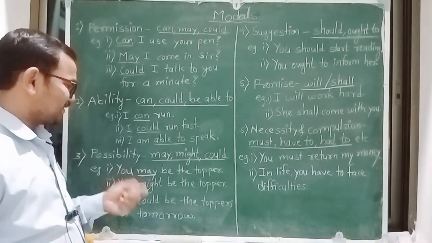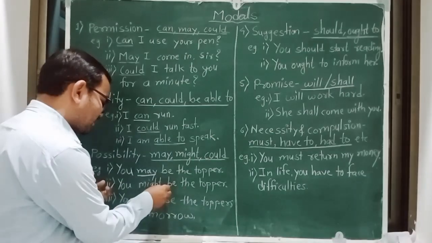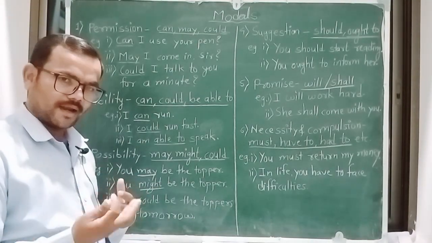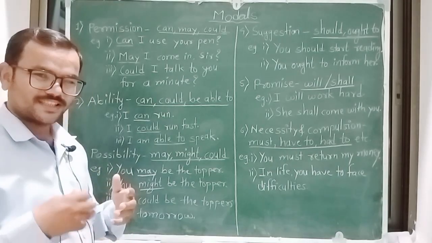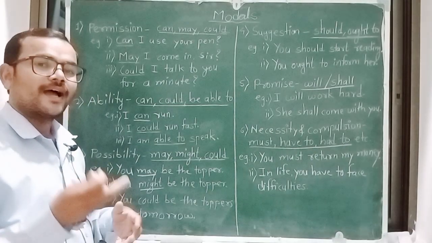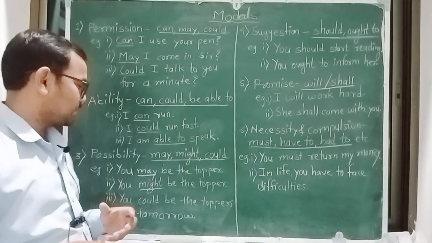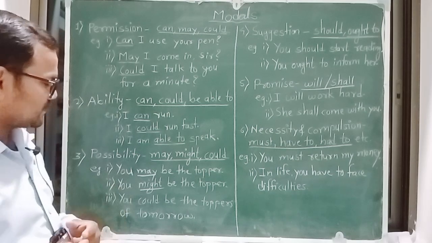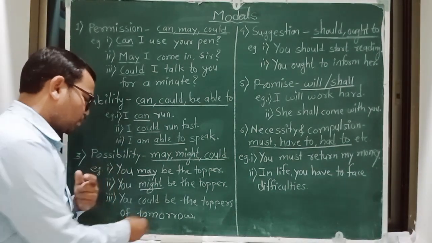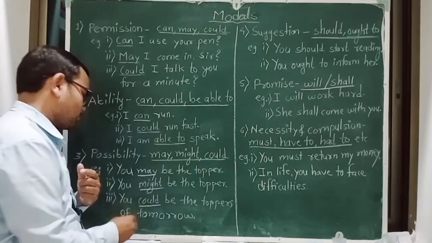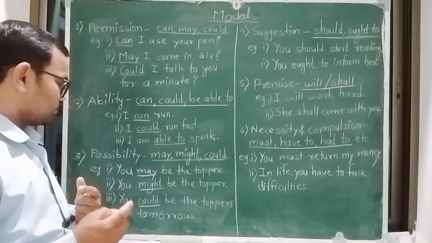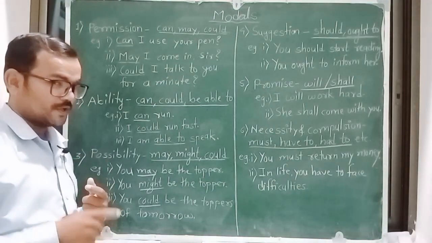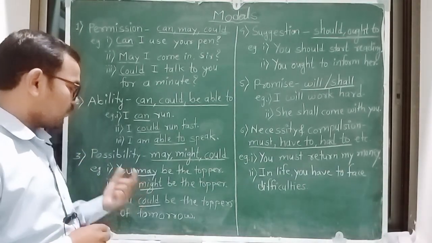So these are the three modal auxiliaries: may, might and could. May is stronger possibility, might indicates weaker possibility as compared to may, and could indicates possibilities in the future, right?